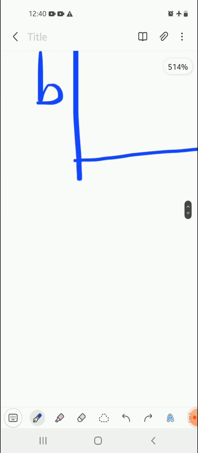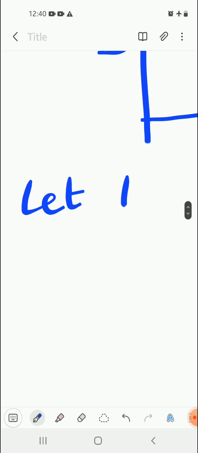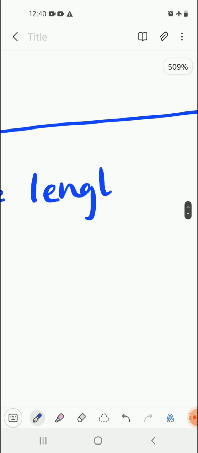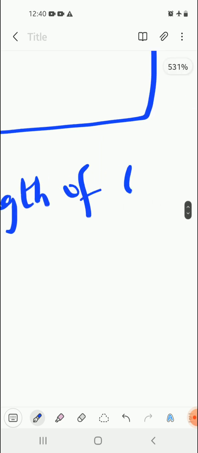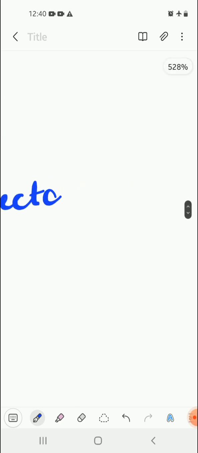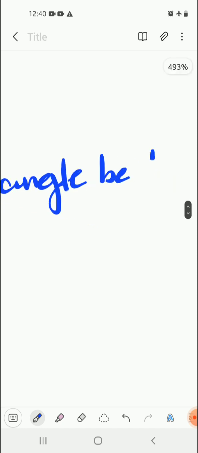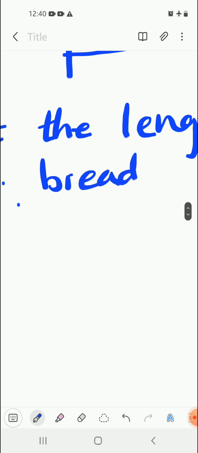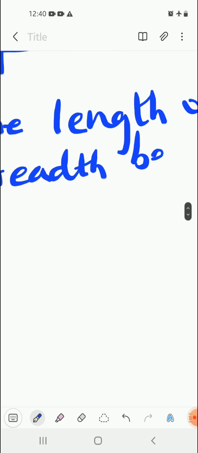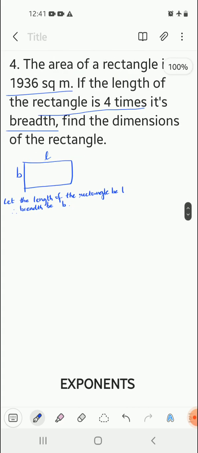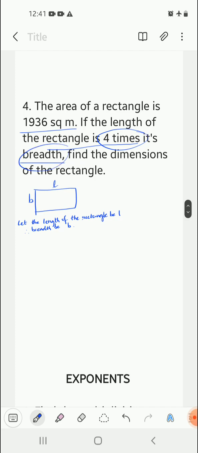So first of all, let's write down: let the length of the rectangle be L and breadth be B. Now, see, it is stated that the length is 4 times its breadth.